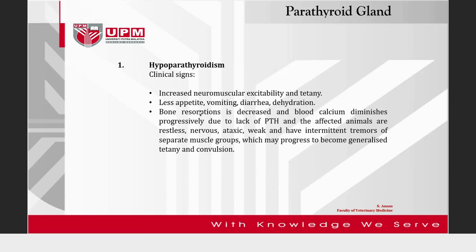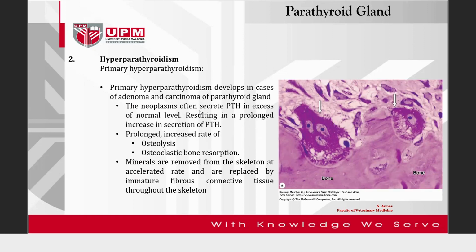This is associated with abnormalities in gastrointestinal smooth muscle contraction, and bone resorption and bone modeling can also be abnormal, mainly because the blood calcium diminishes due to lack of PTH. So that is hypoparathyroidism.